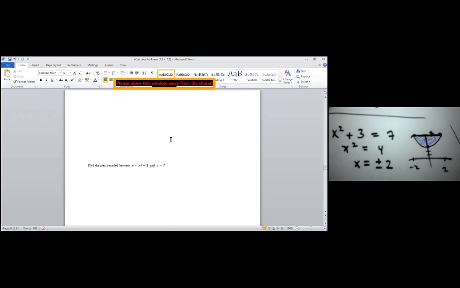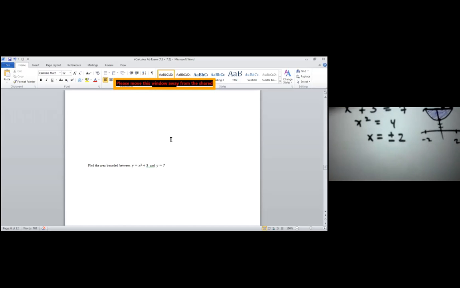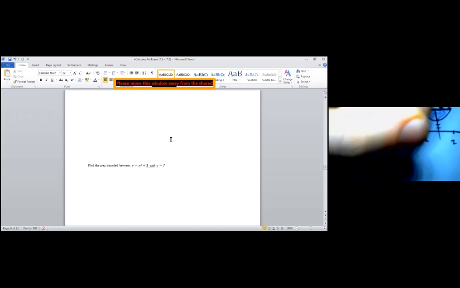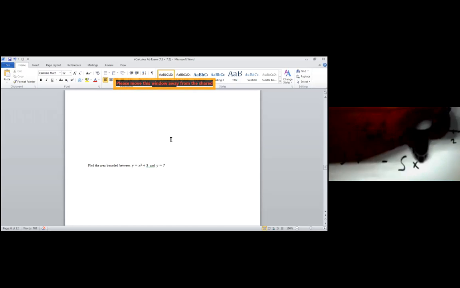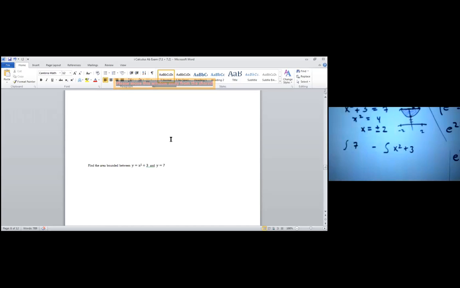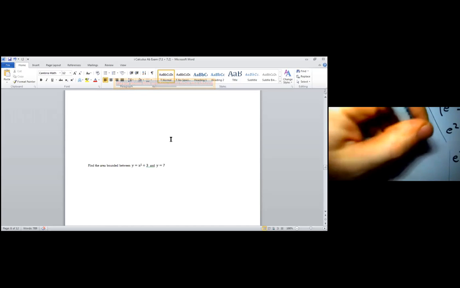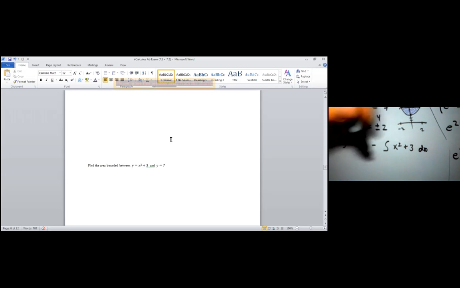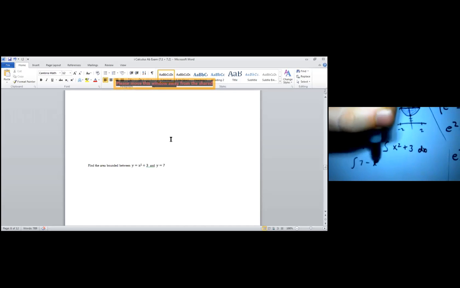So it's going to be the integral of the top minus the integral of the bottom. And the bounds are -2 to 2. So we're going to smush these together, and that's going to be 7 minus x squared minus 3.